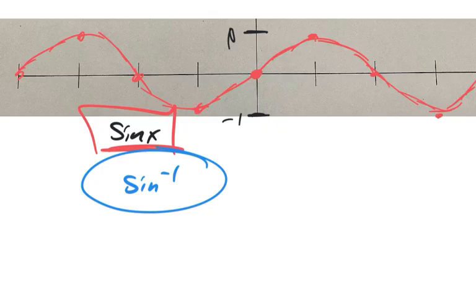The graph should look like this, right? But we have said, hey, we really want this to be 1 to 1. So to make it 1 to 1, why don't we just ignore this half and only look at this half, and I inverted this half.